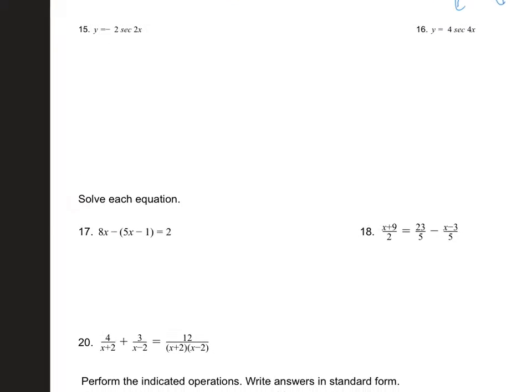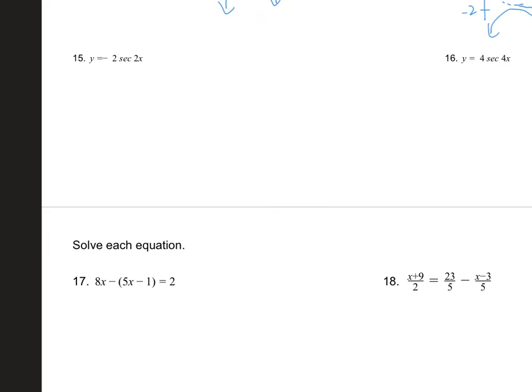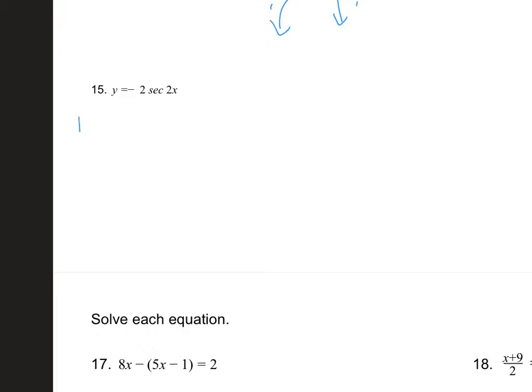Alrighty. Secant. So secant is the reciprocal of cosine, so that's what we're going to use to help us get there.